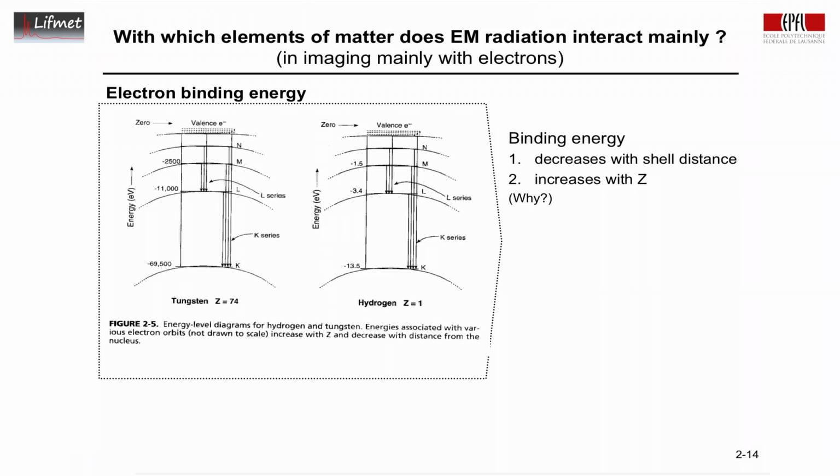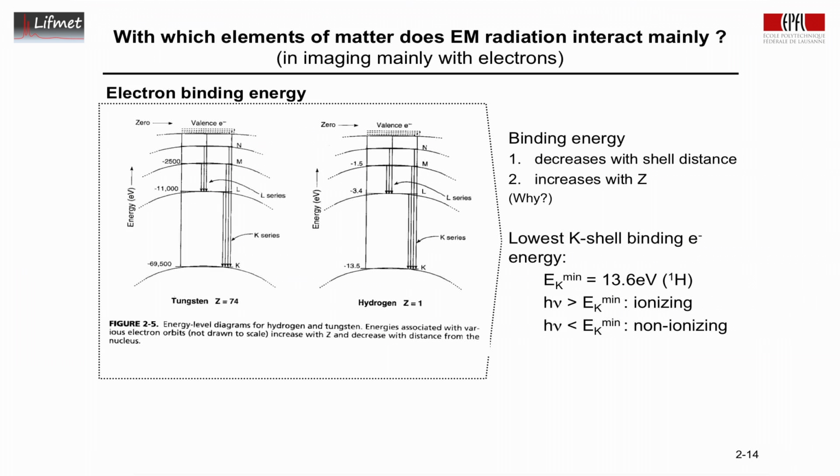That also makes perfect sense just from a classical consideration. So if we now look at the lowest K shell binding energy that we have in the periodic table of elements, it is for the hydrogen atom. It is 13.6 electron volts. And here we make an important classification. If the photon energy, h times nu, is bigger than the K shell binding energy for hydrogen, then we consider the radiation as ionizing, and if it's below that, the radiation is non-ionizing.